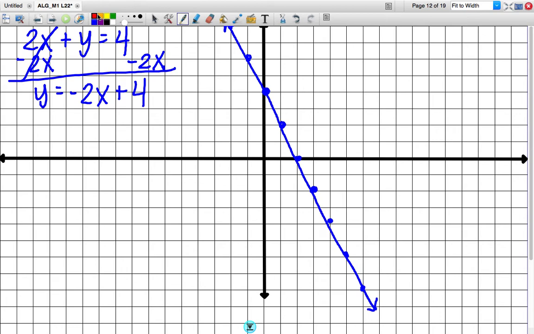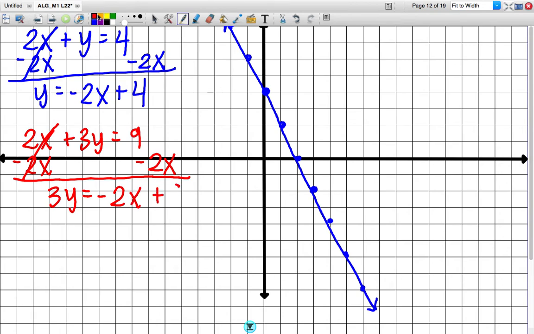Now let's look at my other equation they gave me. 2x plus 3y equals 9. Let's isolate the variable y. So I've got 3y equals negative 2x plus 9.